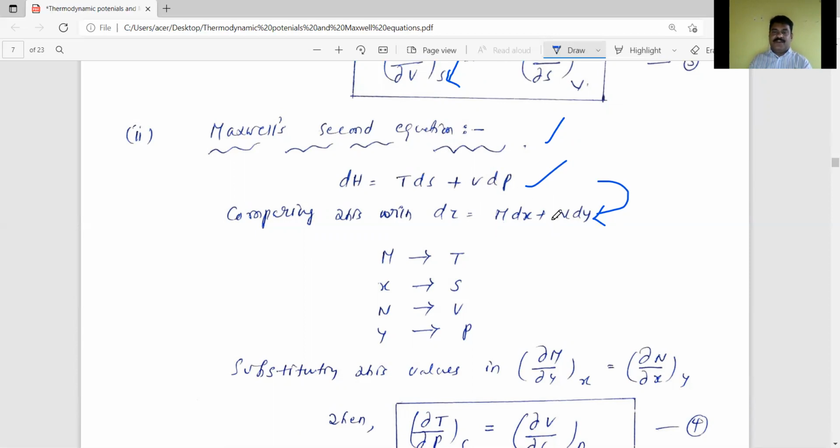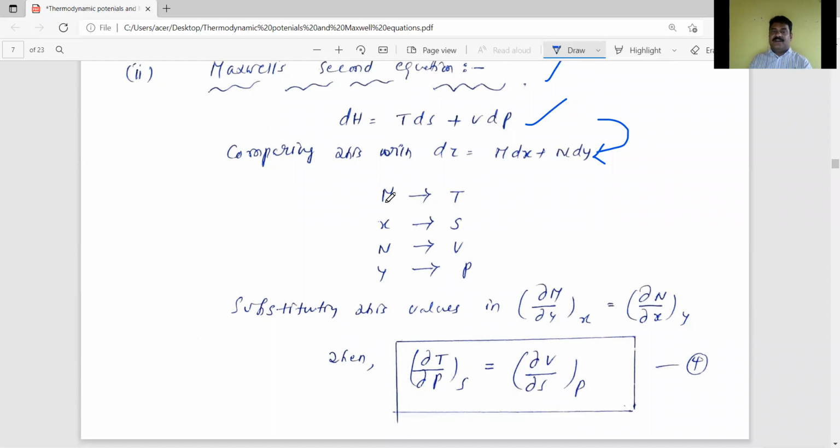If you compare the variables, then you can get m tends to t, x tends to s, n tends to v, and y tends to p.